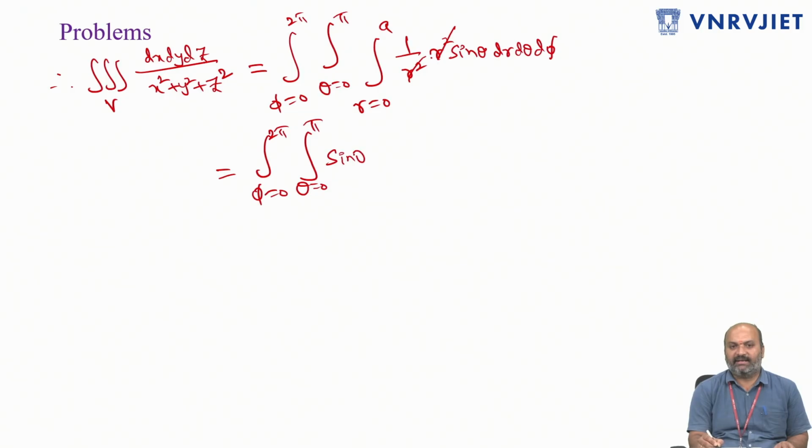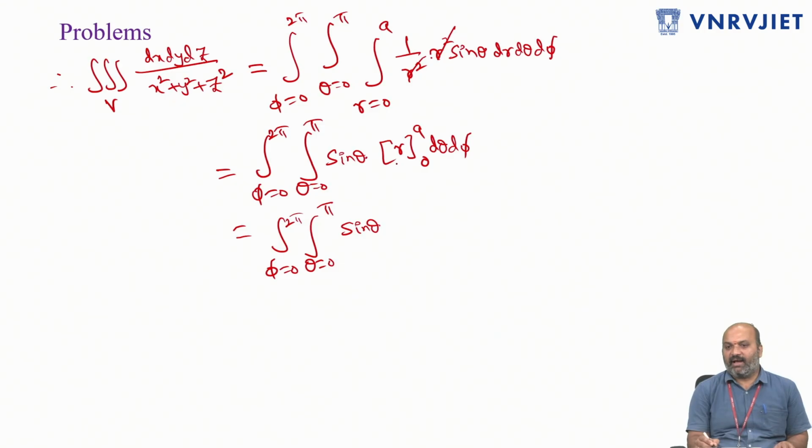Sin θ is constant. The integral of 1 dr is r, with upper limit a and lower limit 0, dθ dφ. This equals the integral with φ from 0 to 2π and θ from 0 to π of sin θ times, instead of r, we substitute the limits: a minus 0, which is a. Since a is constant, we can write it outside of the integral.